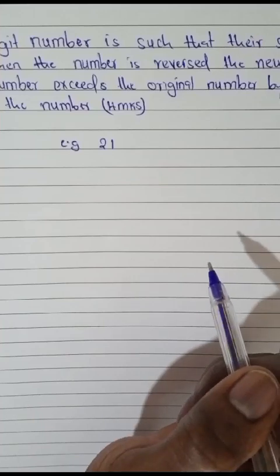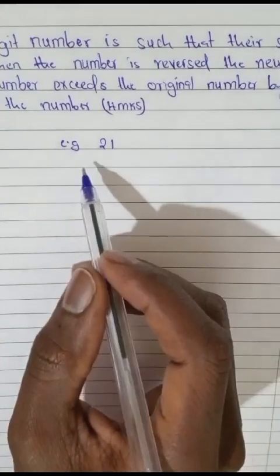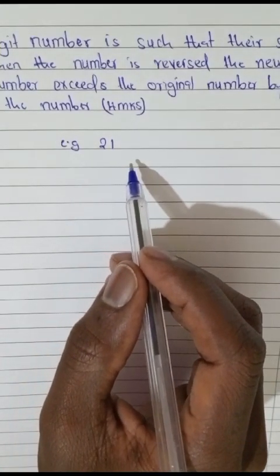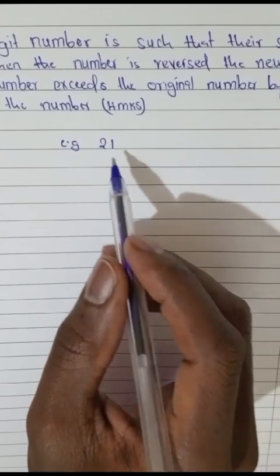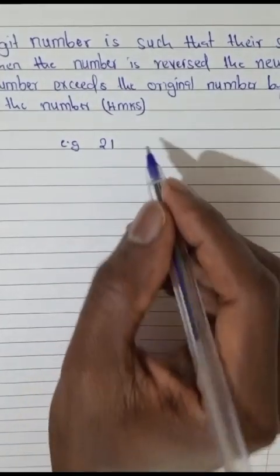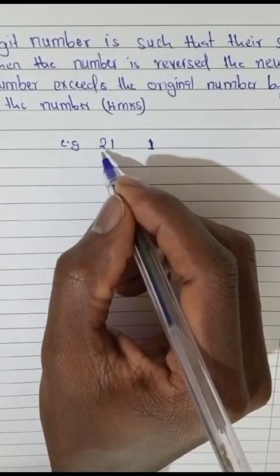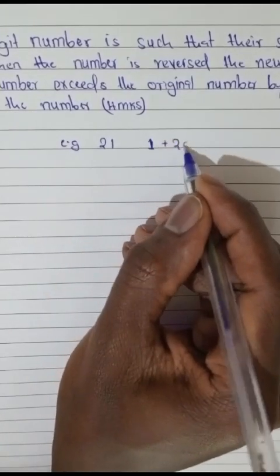First of all, let's have a number like 21. If you have a number like 21, you can break it into two parts using their total value. The total value of 1 is 1 and the total value of 2 will be 20.